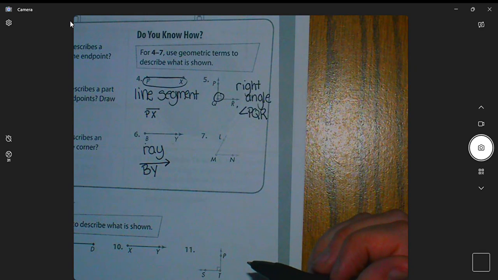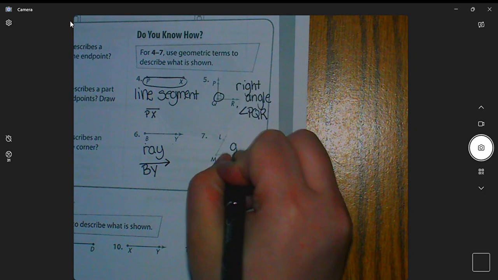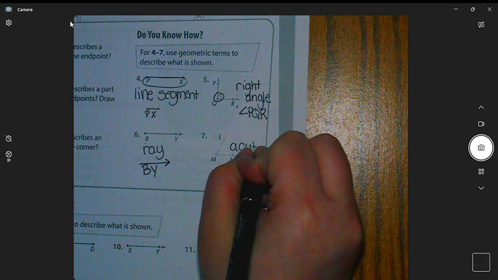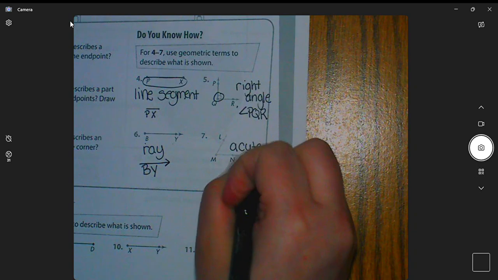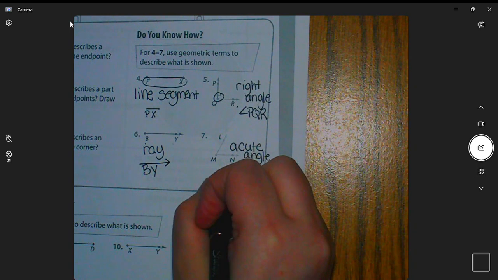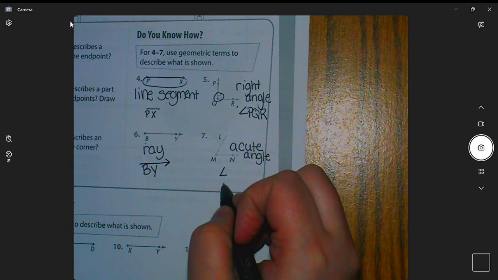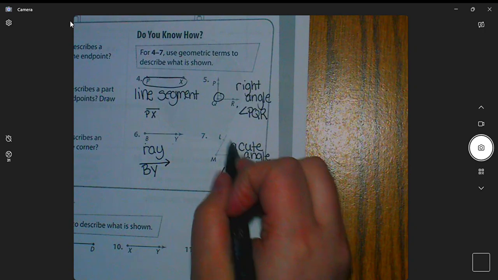But baby shark can't open its mouth too big yet. So when we see baby things, we go, "Aw, it's so cute." So it's a cute angle. And then I have to name it. So again, just draw a small little angle. And I'm going to name it by what I see. LMN.